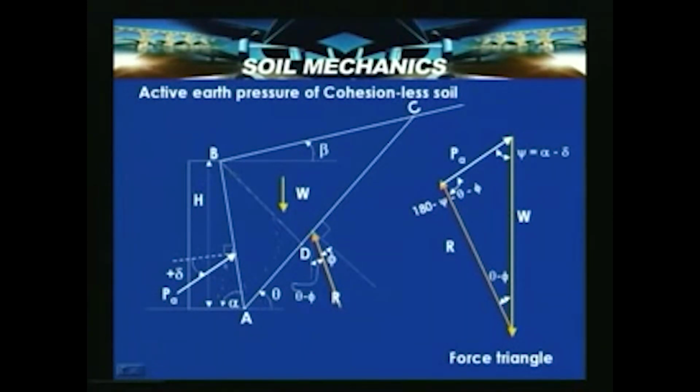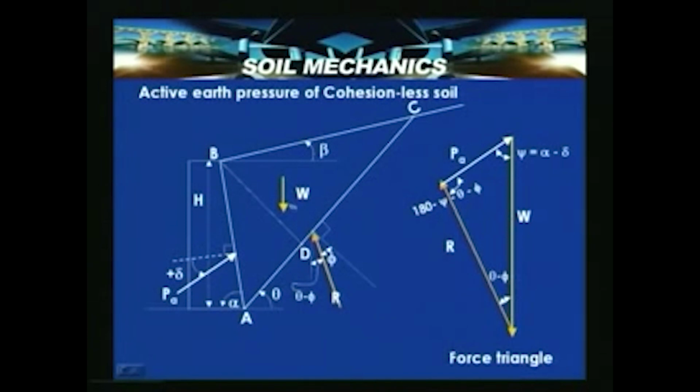In Coulomb's theory also, these conditions are solved by assuming that 2D conditions are valid. So, the weight of the soil within the wedge ABC per meter of the wall can be computed, and that can be called W. The position of the active thrust is assumed like this: if this is the CG, a line passing through it parallel to the failure surface inclined at theta gives the location of the active thrust, that is, at this point.